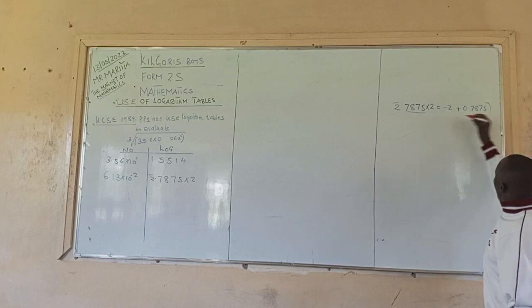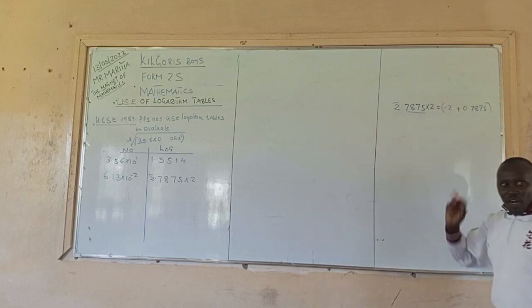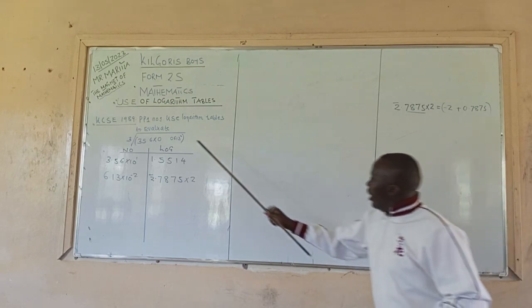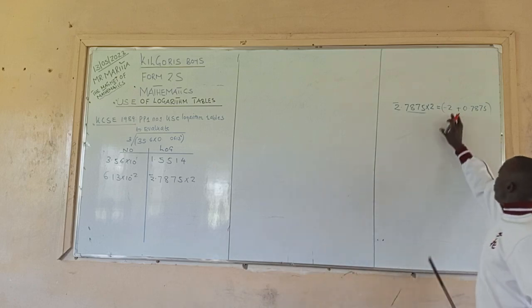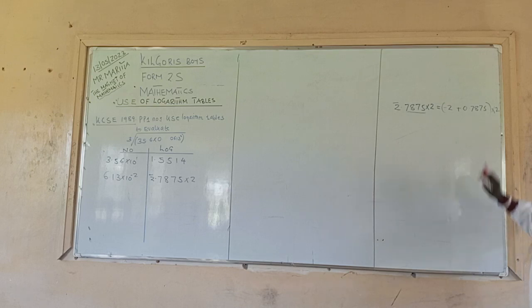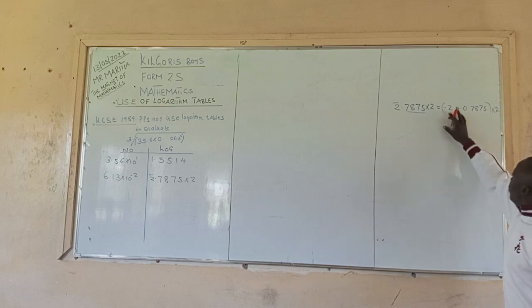Therefore, we said that we find the logarithm of a number, then you multiply by the power. In this case, our power here is 2. So once you separate the characteristic and the mantissa, now you can work this out. We have 2 times this one.